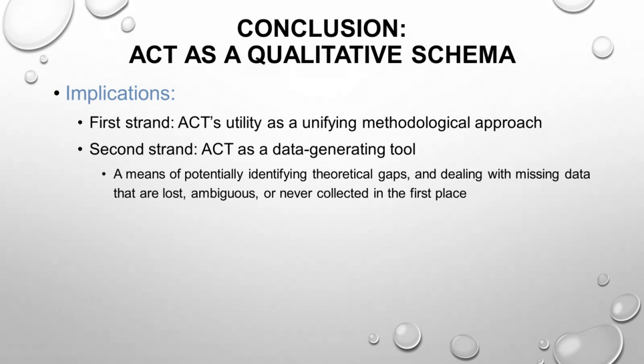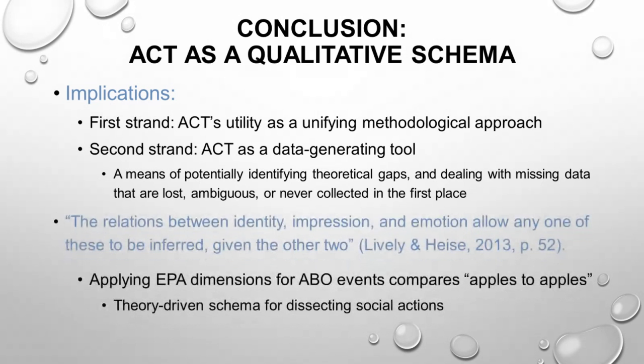Secondly, with our second strand, ACT has become a data generating tool, essentially a means of potentially identifying theoretical gaps, dealing with missing data that are lost or ambiguous, or in some cases never collected in the first place. And I love this quote from Lively and Heise. It says the relations between identity, impression, and emotion allow any one of these to be inferred given the other two.